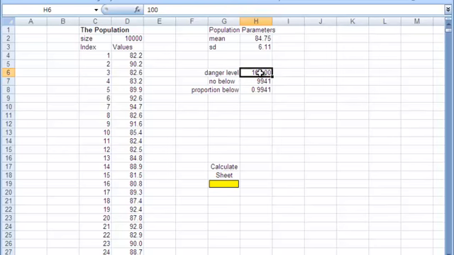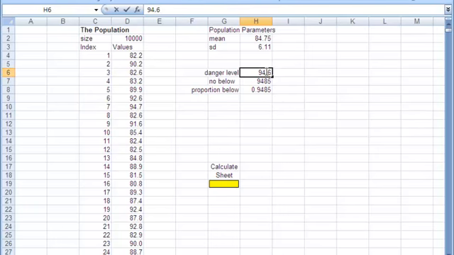Oh, that's much too much. Perhaps it's more than that. It's not bad. Slightly too much. 94.6.